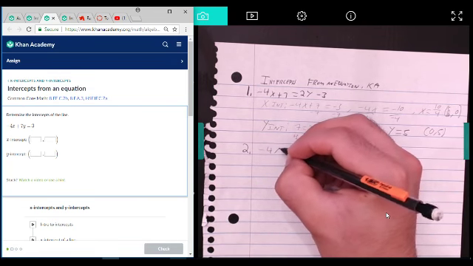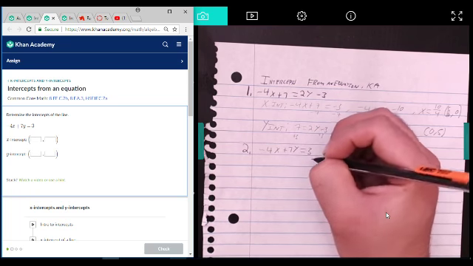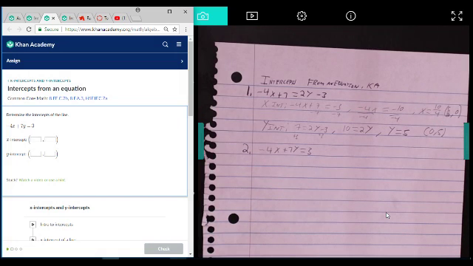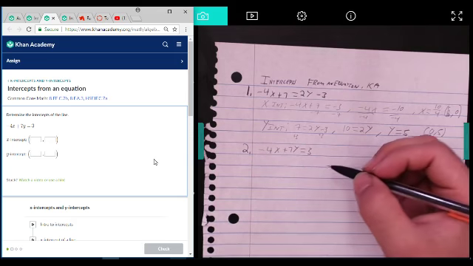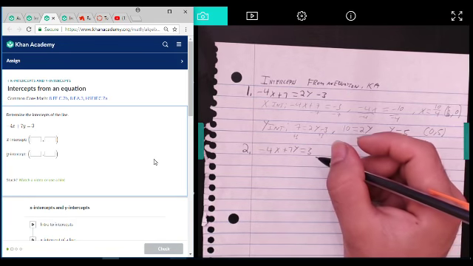Negative 4x plus 7y is equal to 3. So what we need to do is find the x-intercept and the y-intercept. Same process here. Here I want to do this with some mental math, but I'll model it so I can completely show the work for those that are a little bit confused by this.